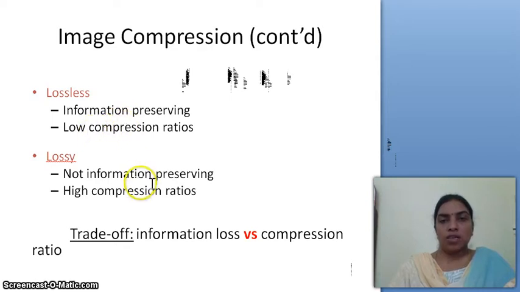If the information is not preserved, the compression ratio is high. So there is a trade-off between these two: information loss and compression ratio. Do you want better compression, that is, do you want more data to be reduced?